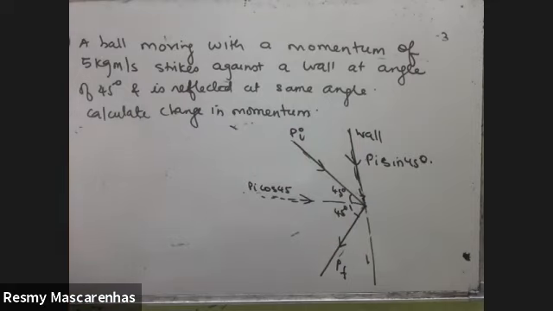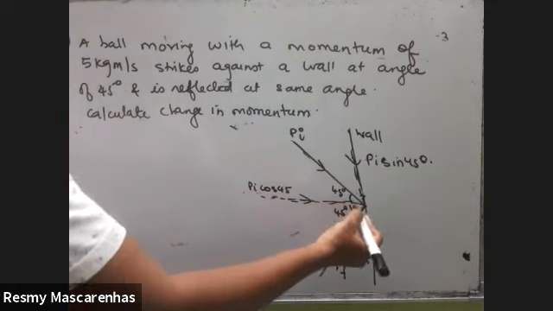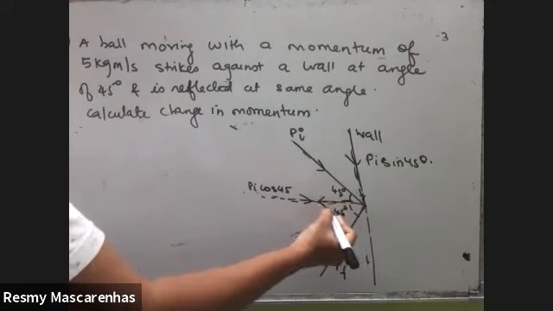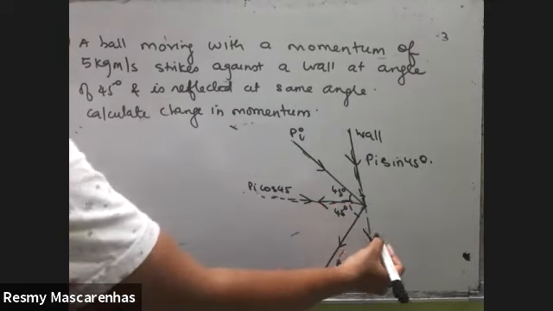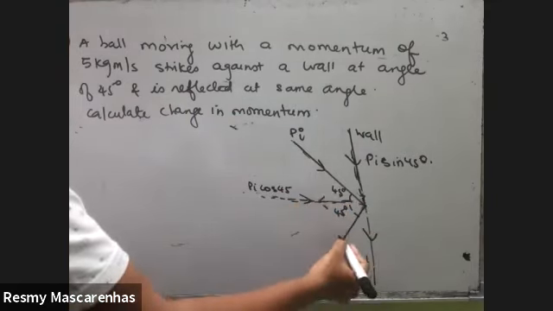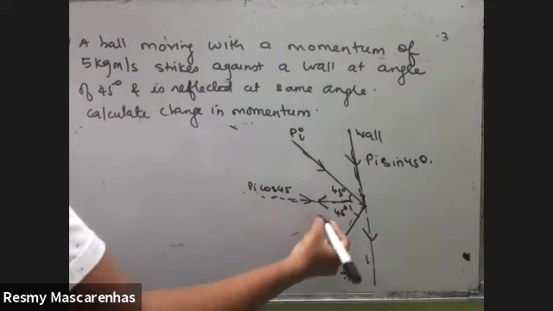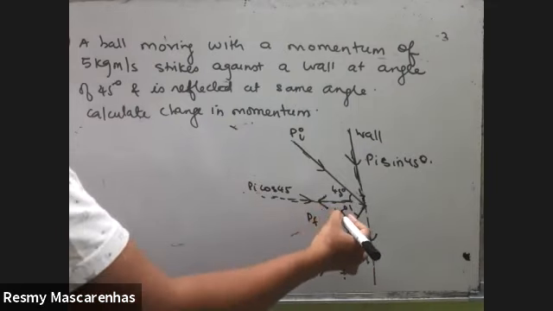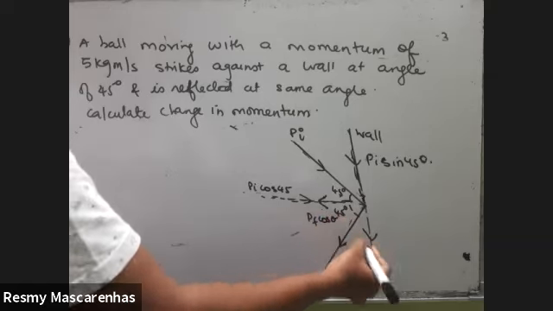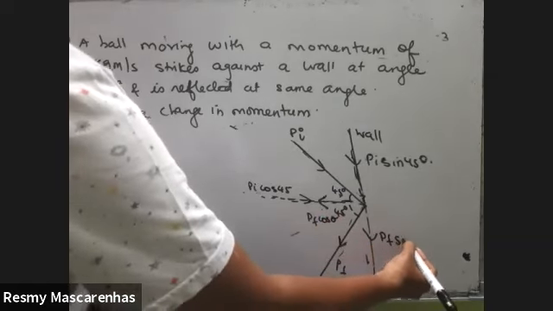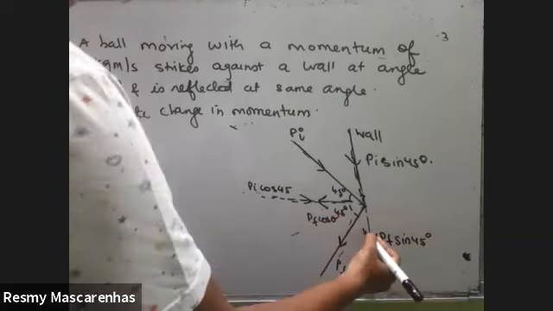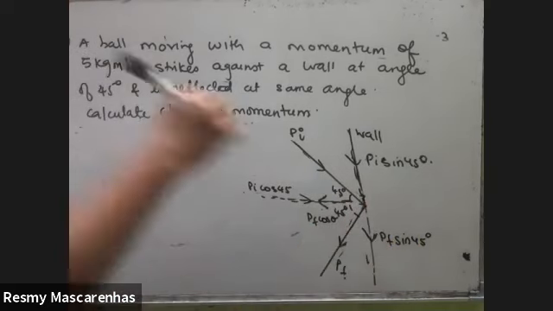Same way, what is PF? PF also has two components. Now this one's direction will be opposite, going outwards along this one's direction. So this is PF cos 45, and this is PF sin 45 for this vector.